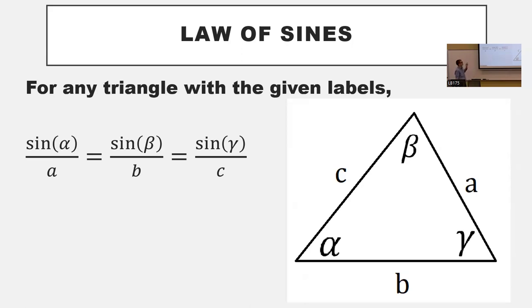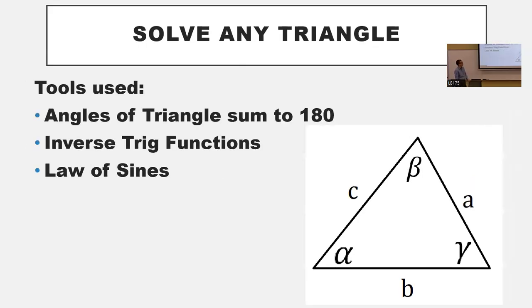We could go through and show why this is. I'm not going to do that today. That would take time, and that's not what we need to do in this class. So we're just going to say these three ratios are all equal. And by knowing these three ratios, we've added another tool to our toolkit for solving triangles. We already knew that the three angles add up to 180 degrees.